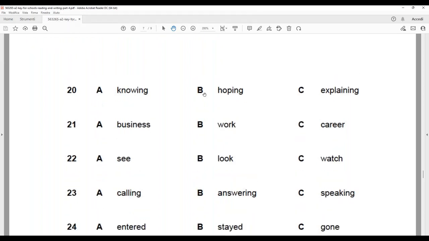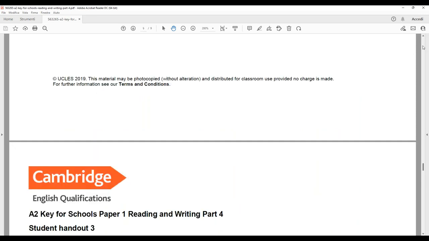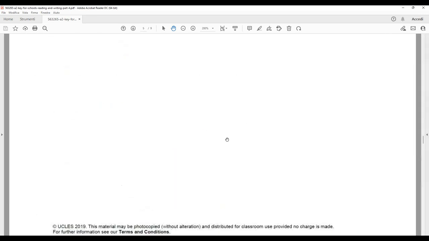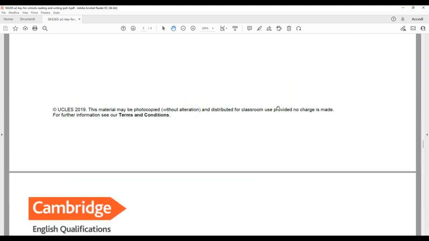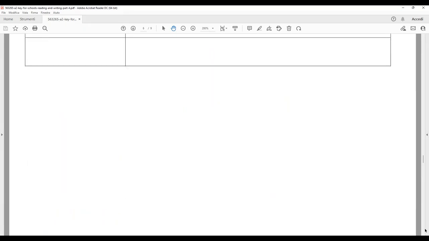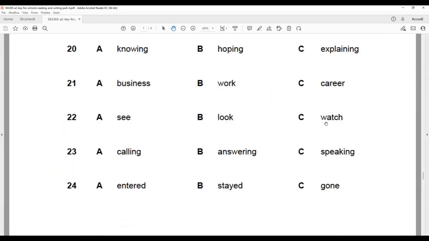Hoping, to hope, sperare. So people who are hoping to get a job. Hoping is good, just like going. For young people who are hoping to get a job in the hotel or restaurant business. The students learn by helping staff in a real hotel, while their teachers, 22, see, look, watch.